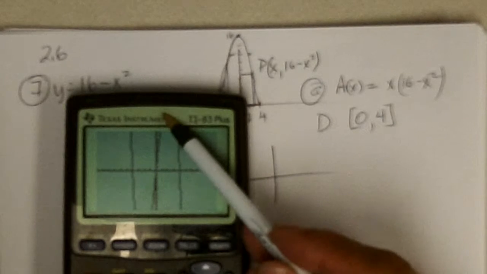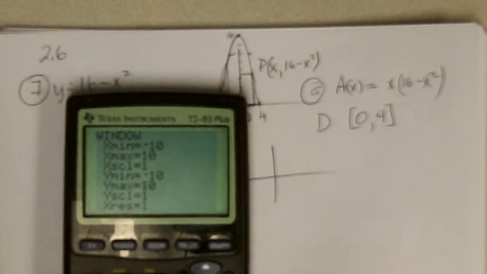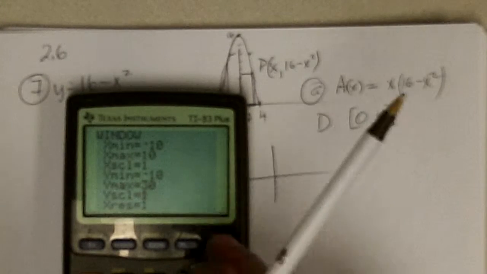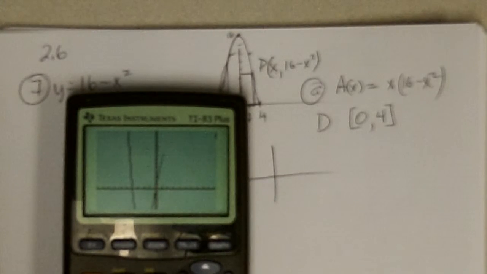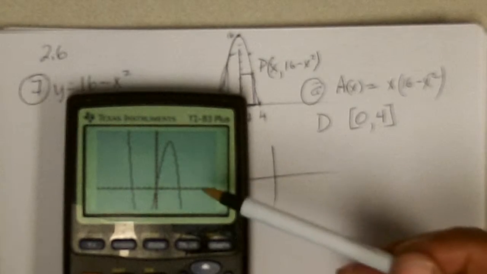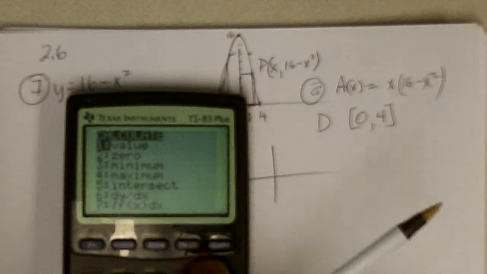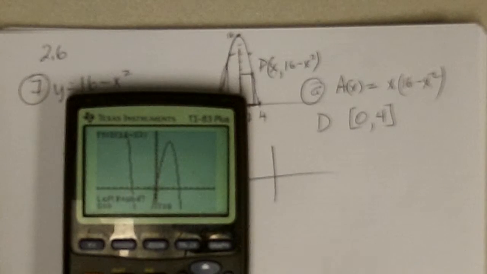Well, it looks like it's highest somewhere in there, so I need to look higher. So I'm going to go up to 30, and now I'll graph it. And it's somewhere around 2 to 3, so I'm going to look for the maximum. Second, calculate, maximum between 0 and 4, and my guess is about 2.